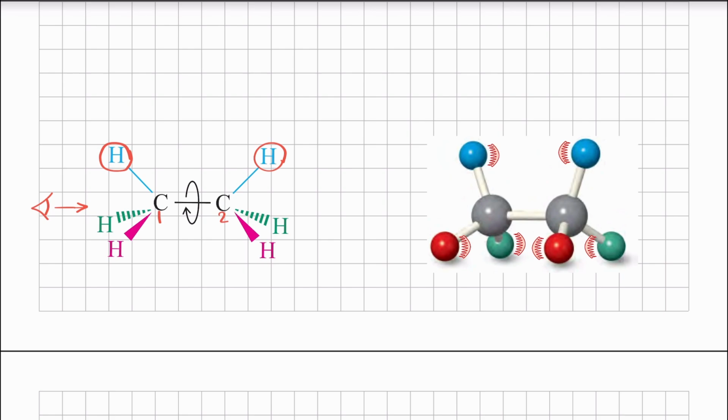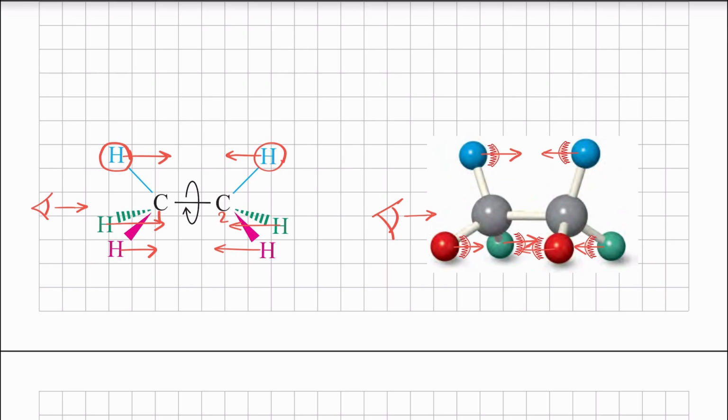Again, look at this one. This is your eye. You look from this direction. The hydrogens are opposite of each other. Not just one of them, but all of them. The pink ones together, the blue ones together, the green ones together, and more.